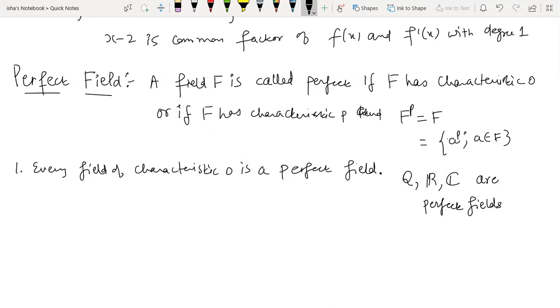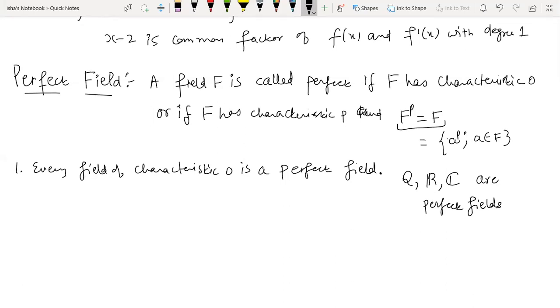Now it is saying if it is 0, then fine, the field is perfect. But if it is non-zero, that means if the characteristic is p, then we cannot directly say it is a perfect field. We will have to verify this condition. For a field of characteristic 0, no additional condition needs to be verified.